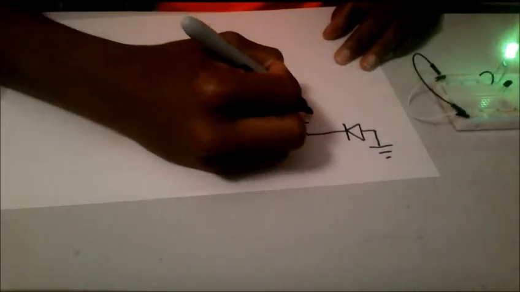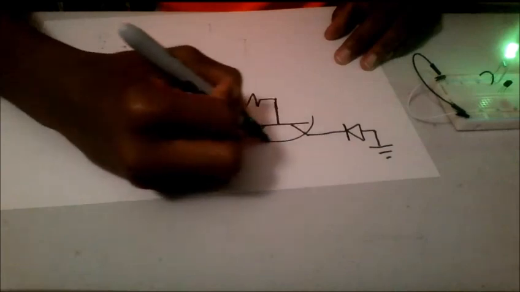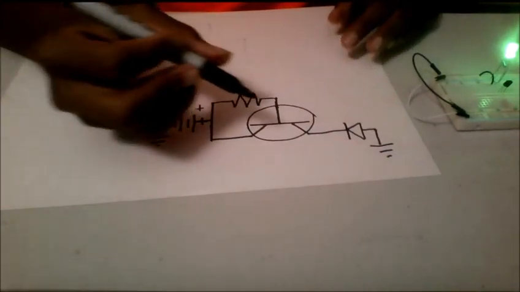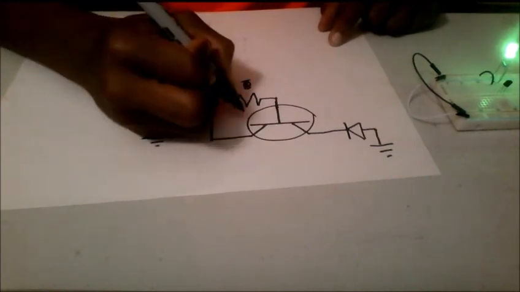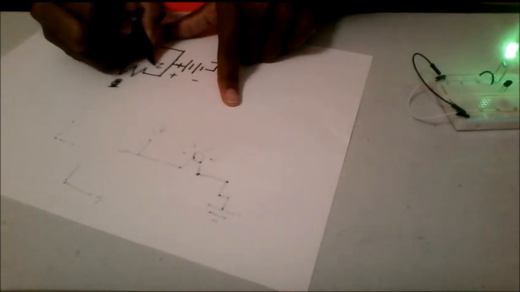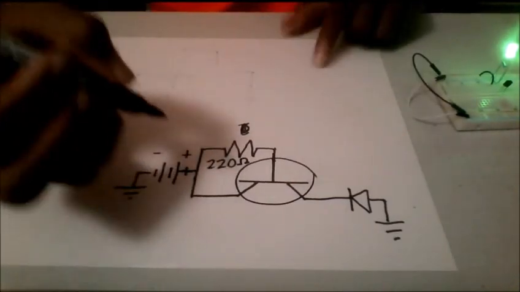This is the transformer. Need a circle on this. That's the transformer. This is the 220 ohm resistor, like that.